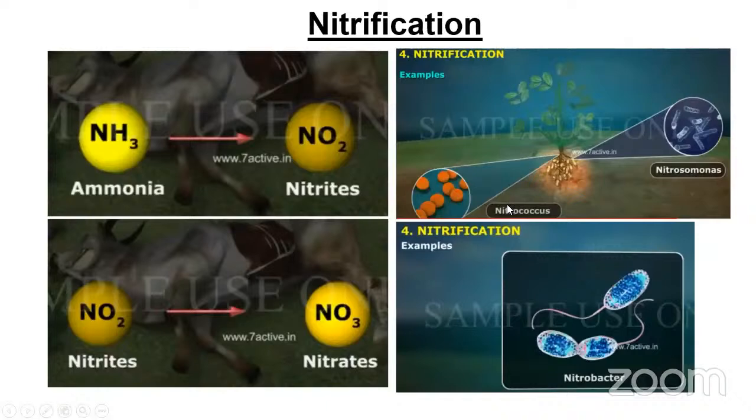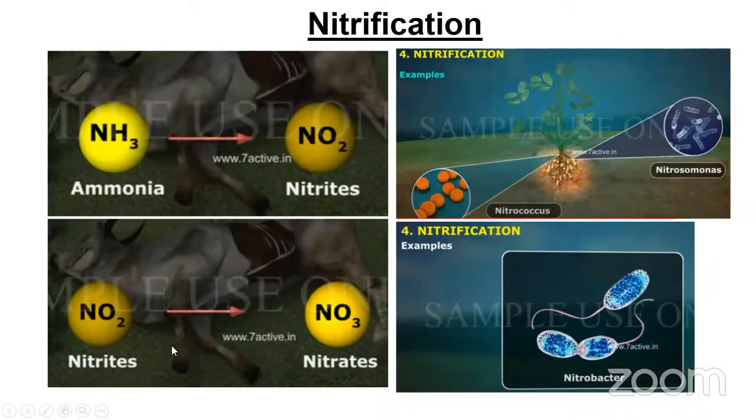This type of microorganism converts ammonia into nitrites. Then this nitrite is converted into nitrates. This conversion of nitrite to nitrate is done by a group of microorganisms known as Nitrobacter.